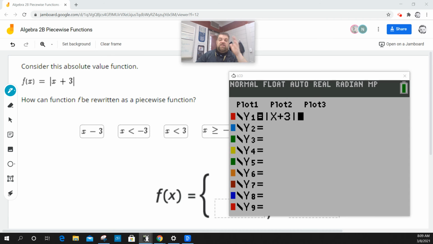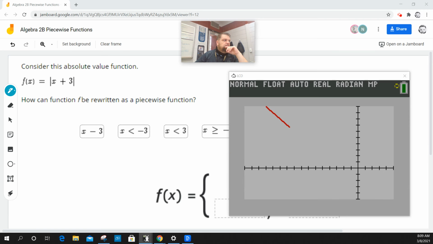Now, from your algebra 1 days, we know that there's two solutions. In other words, this has to equal a positive or negative whatever. So the obvious answer is that you have the positive part of this expression, and then you take the negative of this expression.